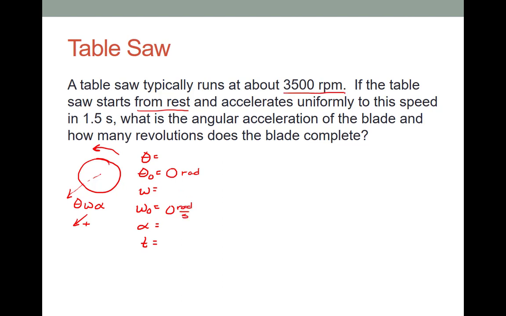Omega is going to be 3,500 RPM. So 3,500 revolutions per minute times 1 minute is 60 seconds times 1 revolution is 2 pi radians. And that works out to be 366.52 radians per second.